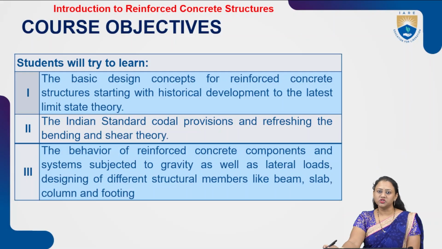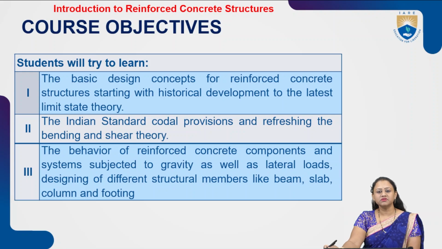Coming to the course objectives, it may be outlined into three objectives. The first objective is the basic design concepts for reinforced concrete structures, starting with the historical development and coming up to the latest limit state theory. The second objective is the Indian Standard codal provisions and refreshing on the bending and shear theory.